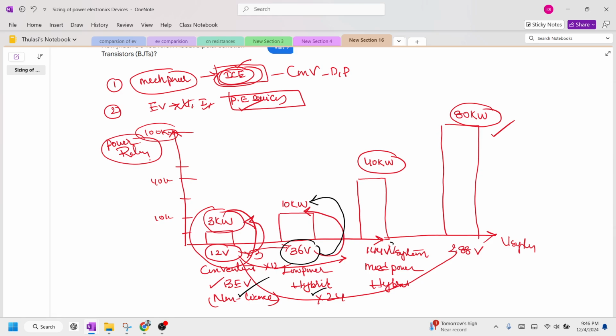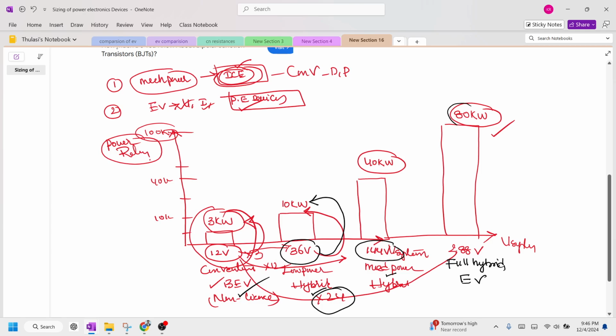If you enhance the voltage level 12 times, then you are going to get 144 volts. This is used for medium power hybrid electric vehicle, and this is used for fully hybrid electric vehicle. For fully hybrid electric vehicle, we can increase the voltage 24 times.